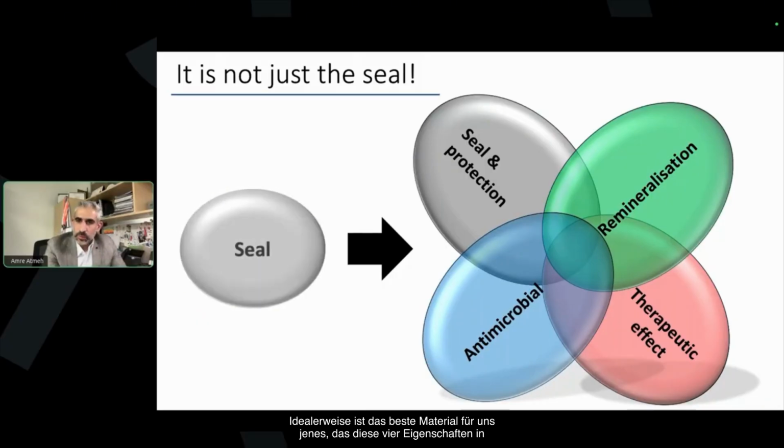So these four properties exist, or you can find materials with different combinations of these properties and to different extents. One material might combine the seal and the therapeutic effect, but not have the remineralization potential or the antimicrobial effect, and so on. So ideally, the best material we need to seek is the one that combines these four together in one material.